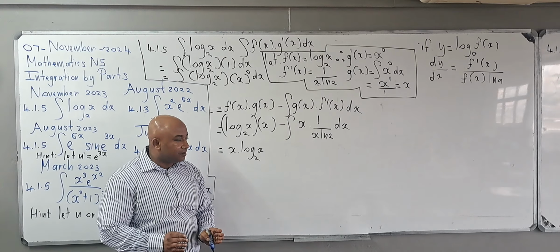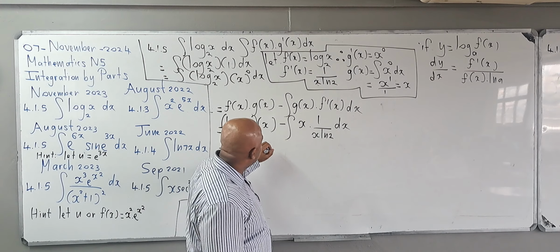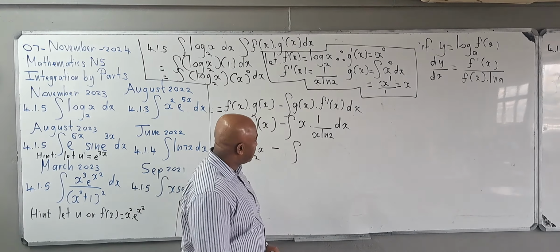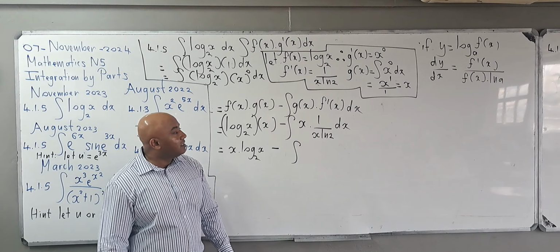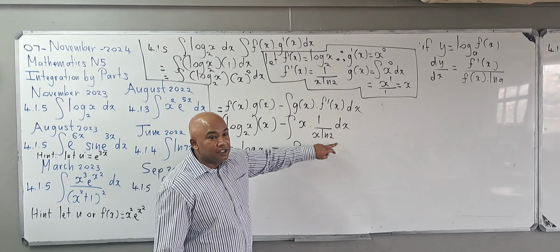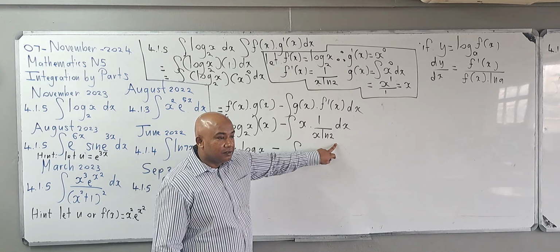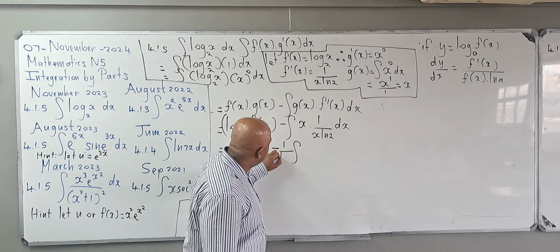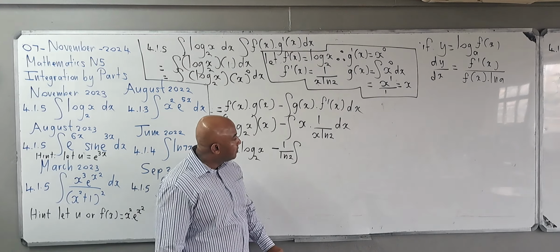It's just multiplication. Now I've got a minus here. I've got my integration sign. The constant is a fraction, which is 1 divided by ln 2. Ln 2 is a number. So 1 divided by ln 2 there.